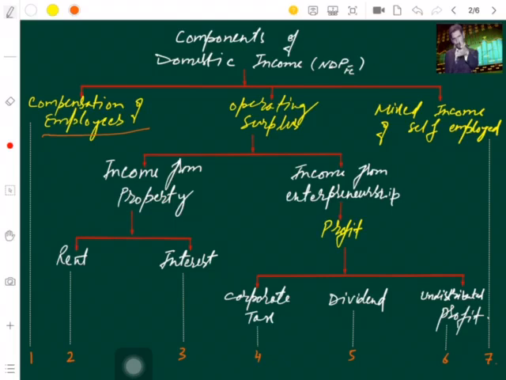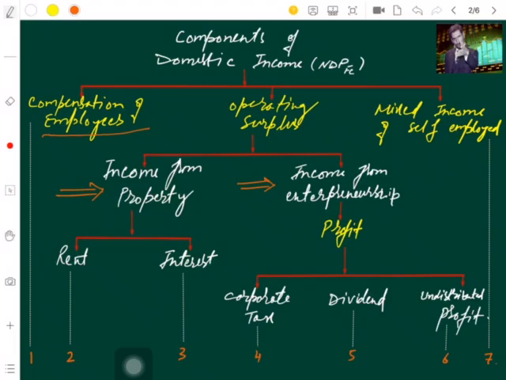The second component of domestic income is operating surplus, which you were not able to understand when I was defining it, and I promised that I'd define it. Operating surplus is basically the income which comes from the factors of production, but in two different parts: income from property and income from entrepreneurship. When we say property, land is property.